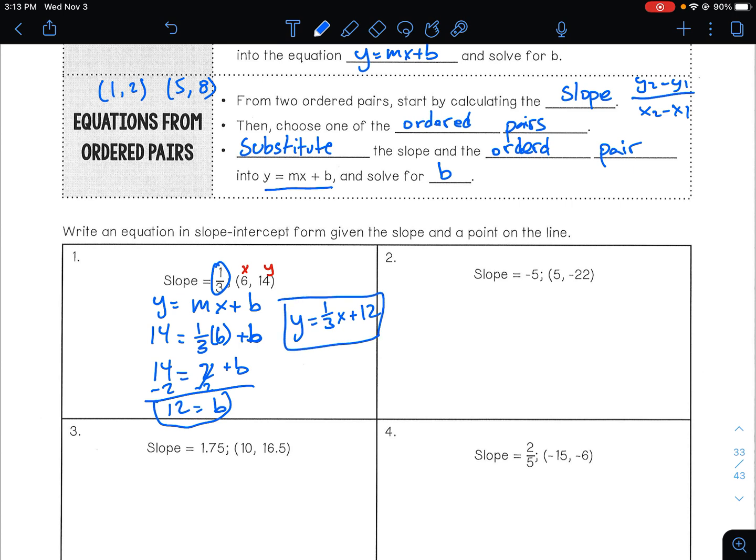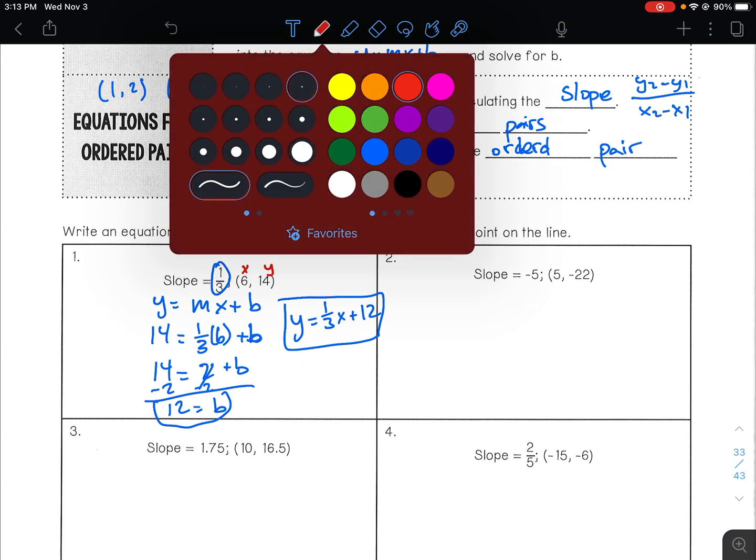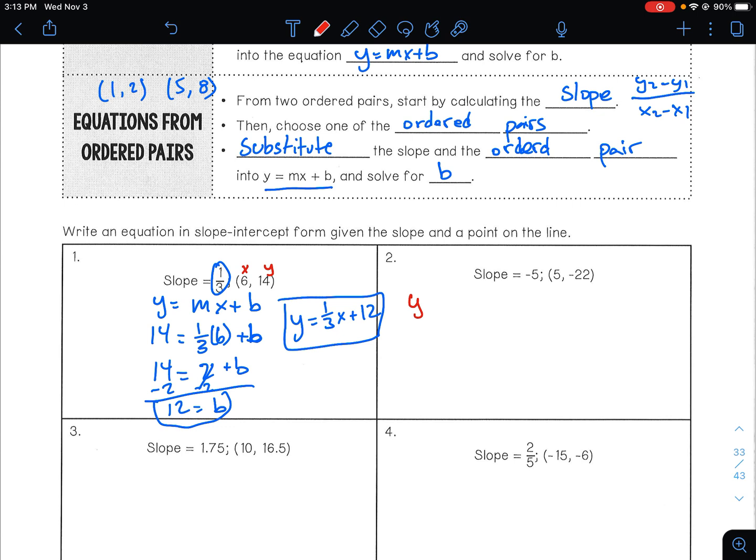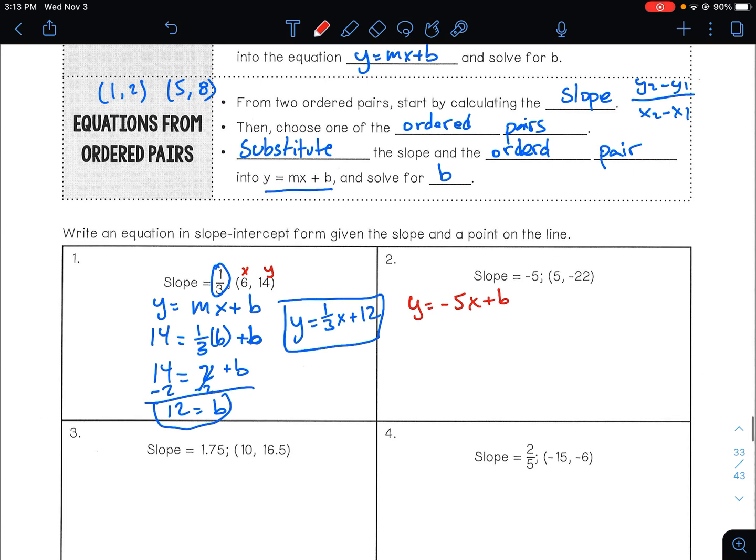So let's try the next one. I'm going to write it on the side this time. Slope is -5. So y equals -5x plus b. Oh, wait, I should have replaced the y and the x. So y is -22 equals -5, x is 5, plus b. So let's simplify this first. -5 times 5 is -25 plus b.